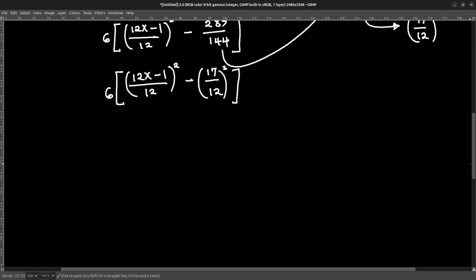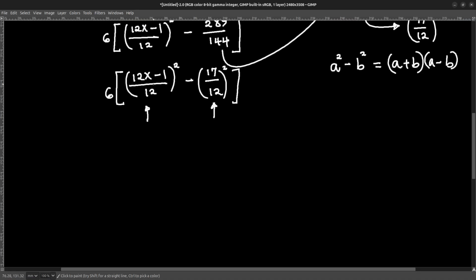Now another thing you need to remember is, anytime you are given an expression in the form of a squared minus b squared, this is the same as a plus b, a minus b. So in our case, the a term is this and the b term is this one. So this is like the whole expression a squared minus the whole expression b squared.